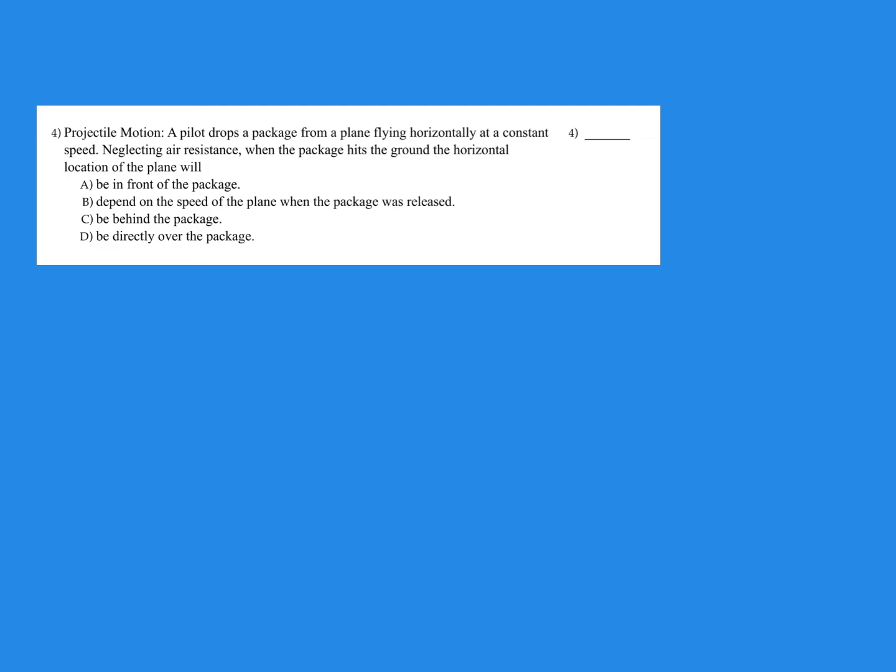Okay, maybe there is an easy way to see it. Projectile motion. A pilot drops a package from a plane. The plane continues its motion.